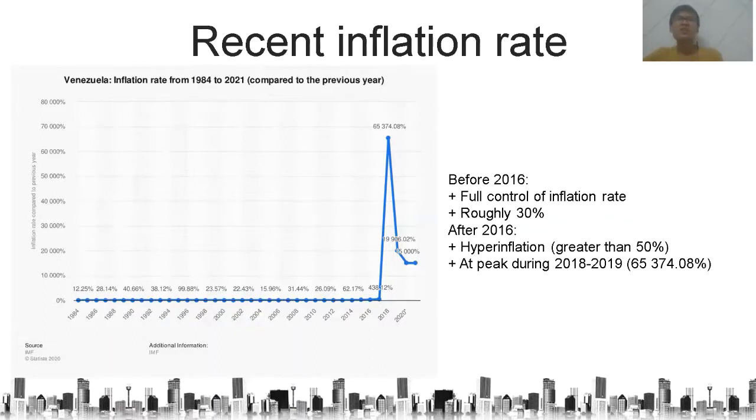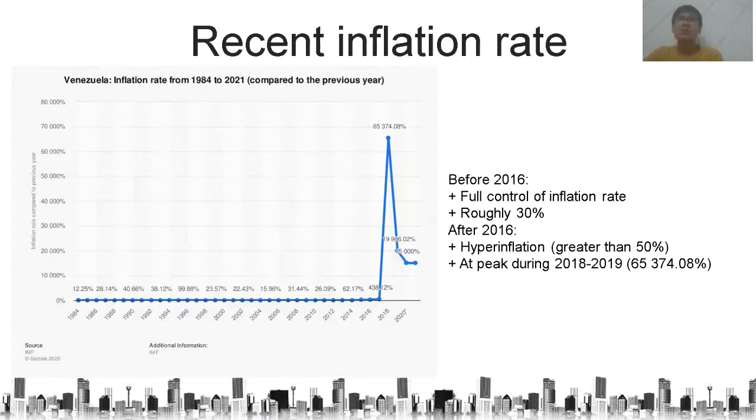To describe how serious this situation becomes and how it affects citizens in Venezuela, let me take a small example. A grocery store sells an apple for roughly 20 bolivars, which is Venezuela's currency, on the first of January 2019, but by the end of the year, it cost over 13,000 bolivars, which means that the price skyrocketed, right?